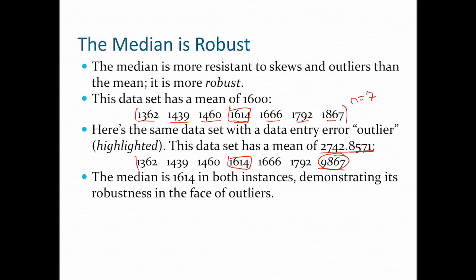This is also used in the housing market a lot. Normally in the housing market, you don't report the average price of a house in certain markets. Why? Because the majority of houses are probably going to be between $100,000 and $400,000 in a given type of market.